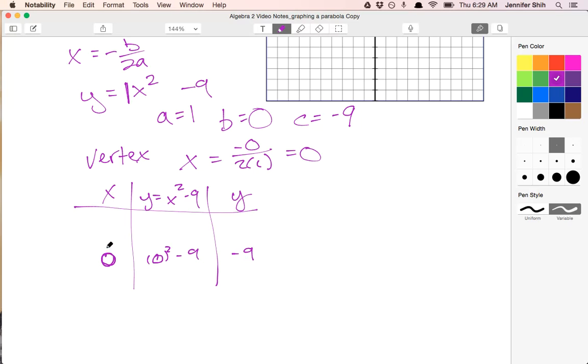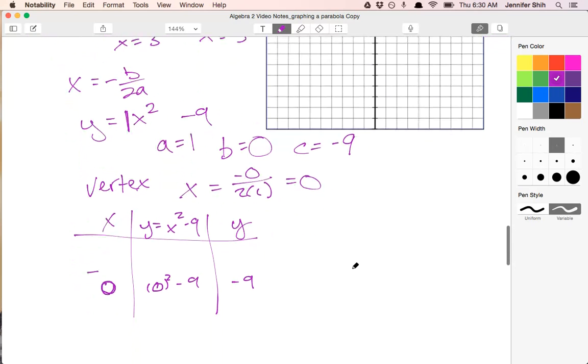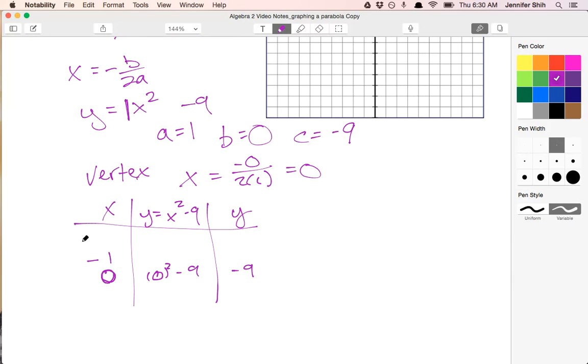Now I'm going to go 2 spaces backwards and 2 spaces forwards. And that's confusing, but I mean 2 spaces to the left of 0. So to the left of 0, if you look on this graph, is negative 1. That's what I mean. Negative 1, negative 2, 1, and 2. And now it's going to be symmetric. Okay, negative 1 squared minus 9 is equal to negative 8.